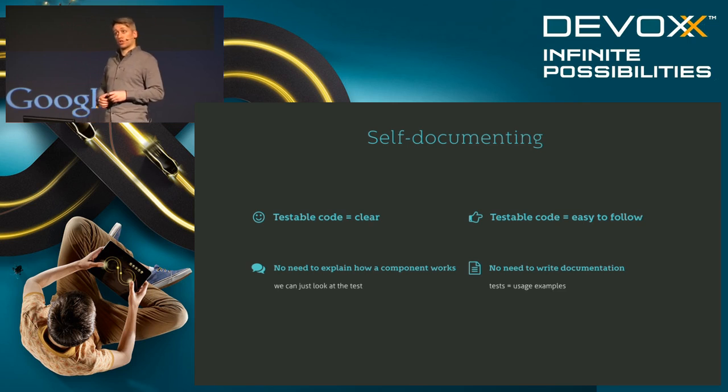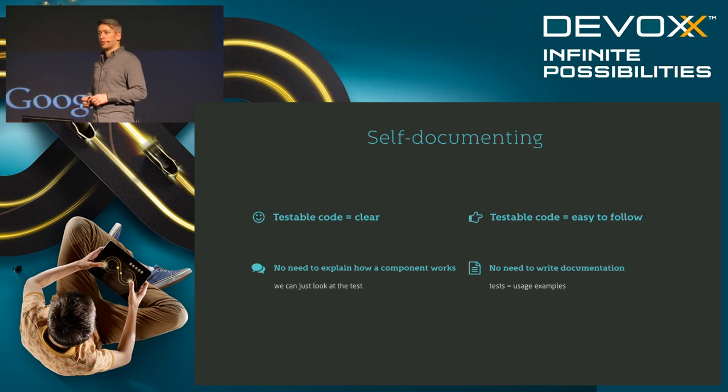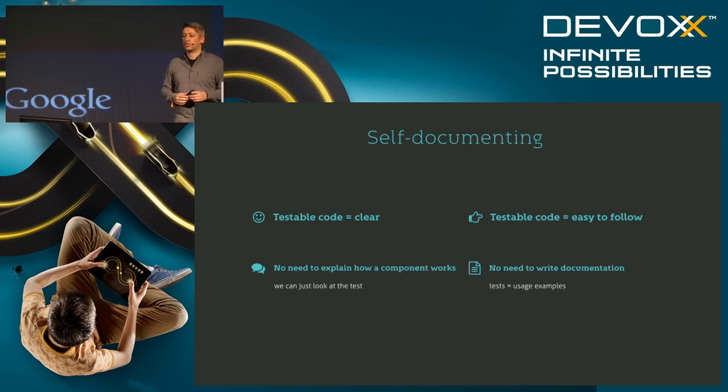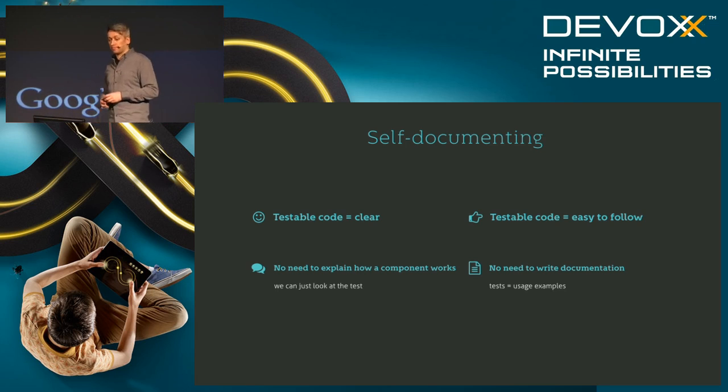But if you have a good suite of tests, well, you already have a good set of documentation. You don't really need to explain every class anymore. You don't really need to write a lot of documentation. People can just read the test suite and get a feel for how your class is working. And basically, that's already a good starter set of documentation.